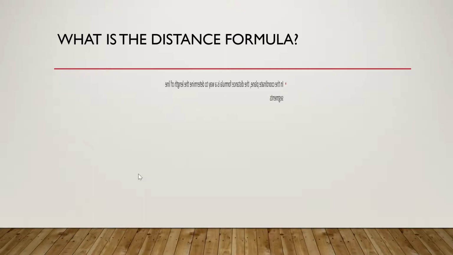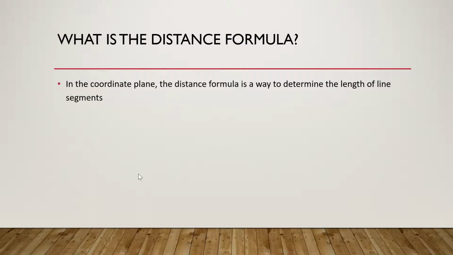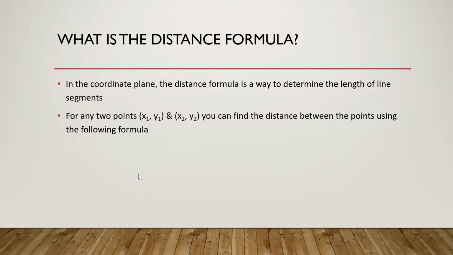In the coordinate plane, the distance formula is a way to determine the length of line segments. If you have any 2 points, x1, y1 and x2, y2, you can find the distance between the points using the distance formula. It's a simple operation.